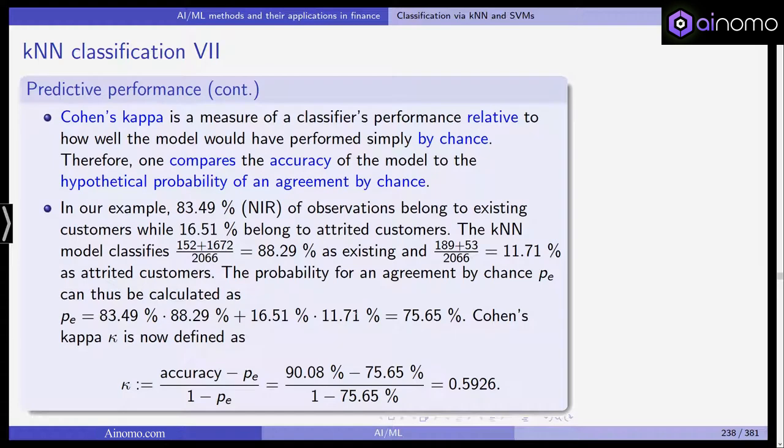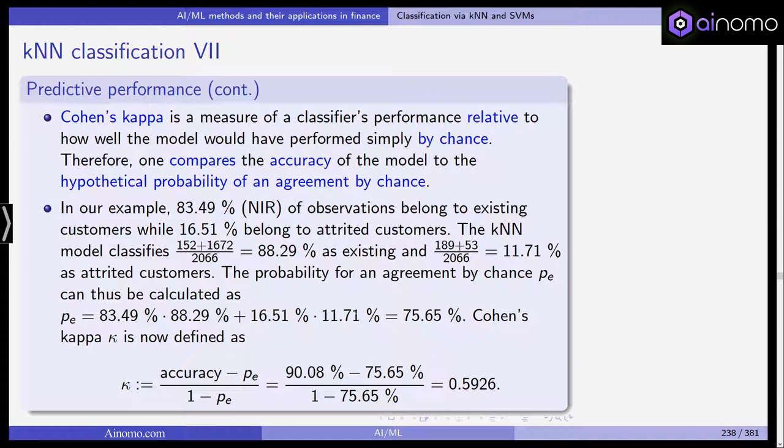Then Cohen's kappa is a measure of a classifier's performance relative to how well the model would have fared simply by chance. Therefore, you compare the accuracy of the model to the hypothetical probability of an agreement by chance. In our example, the no information rate was 84%, 83%. They belong to existing customers, while 16.51% belong to the attrited customers. And the K nearest neighbor model classifies 88% as existing and 11.7% as attrited customers.